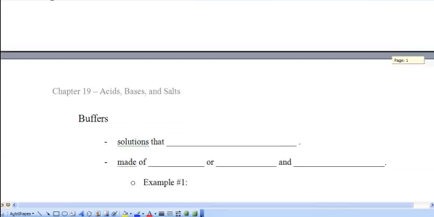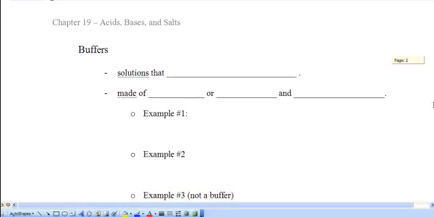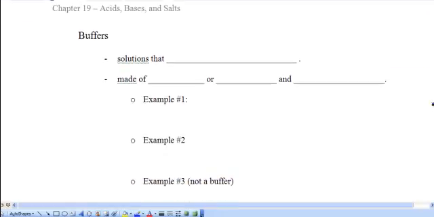Next page. Let's take a look at a phenomenon called buffering, buffers. You can actually make solutions using salts that will resist changes in acidity or changes in pH. Well, how would you do that?